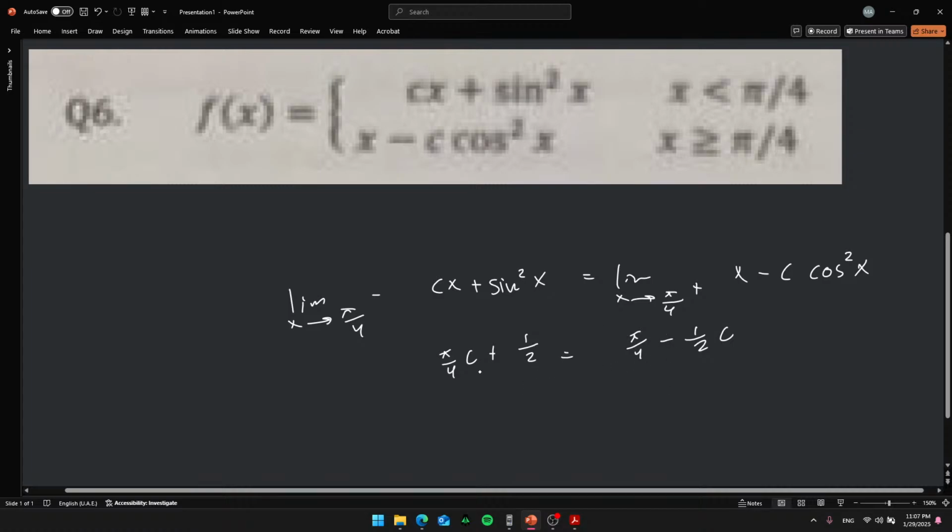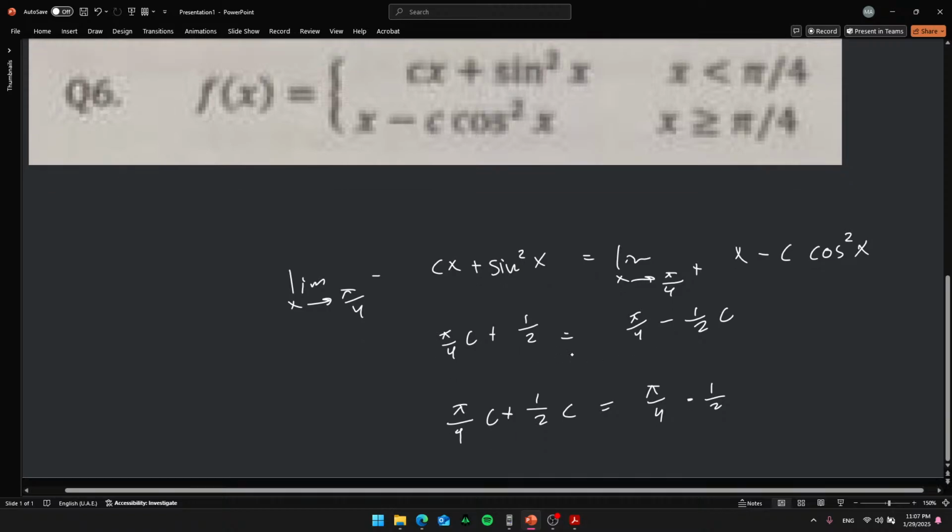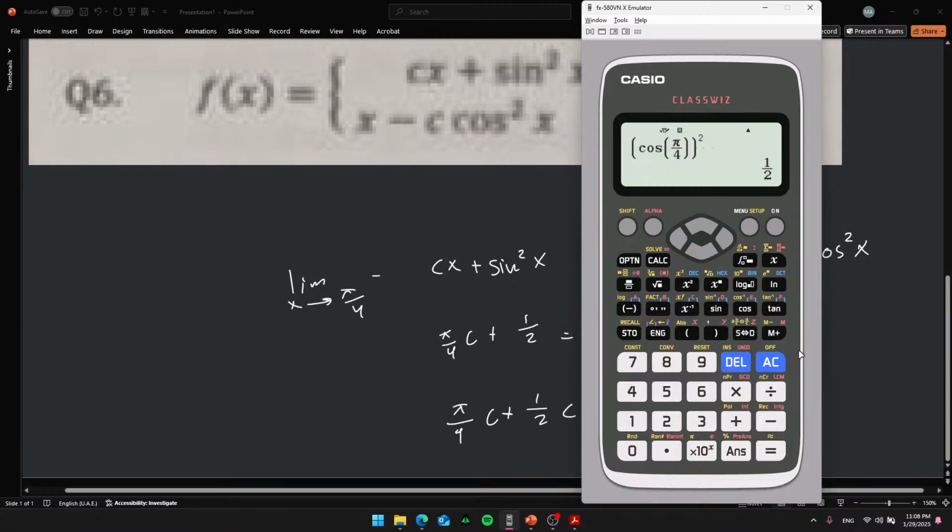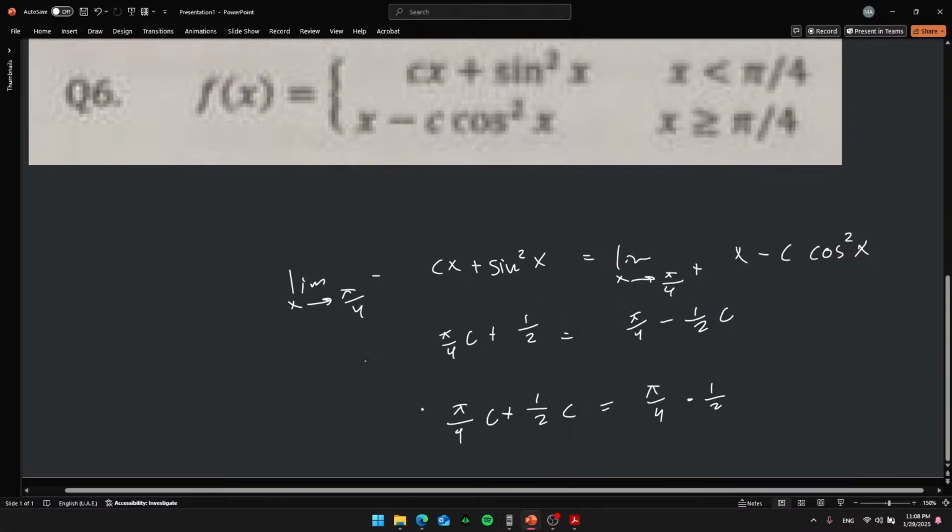So pi over 4 c plus 1 half c equal pi over 4 minus 1 over 2 plus 1 over 2. Oh, sheesh.